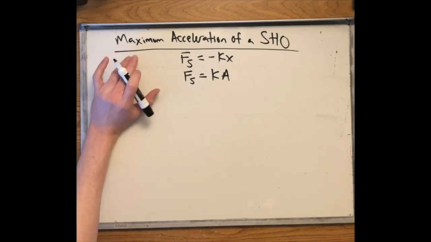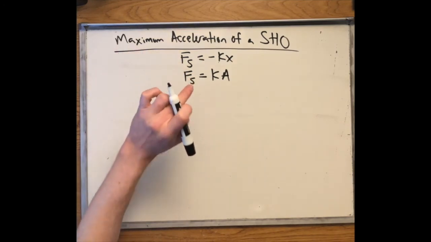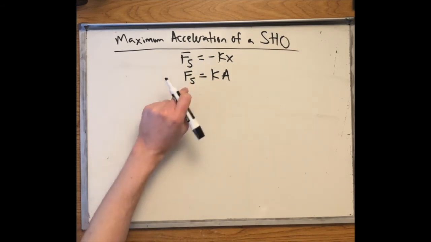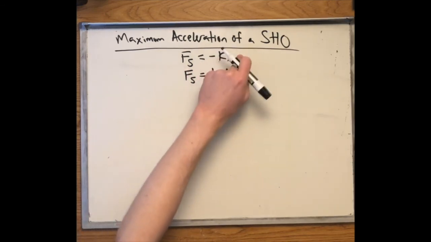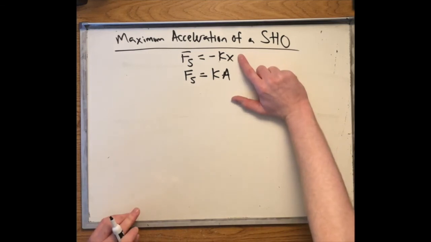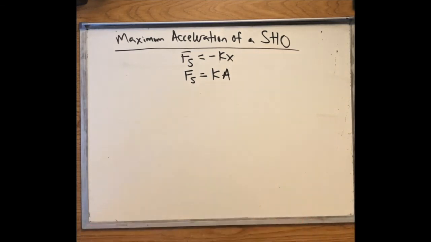Hope it's clear that the maximum acceleration occurs when the force is biggest, and the force is biggest when x is biggest. And since x is the displacement from the equilibrium position, and amplitude is the maximum displacement from the equilibrium position, we replace it with A. Now notice I've gotten rid of the negative sign also. That's just because amplitude is a scalar, and so we're not going to go nuts.